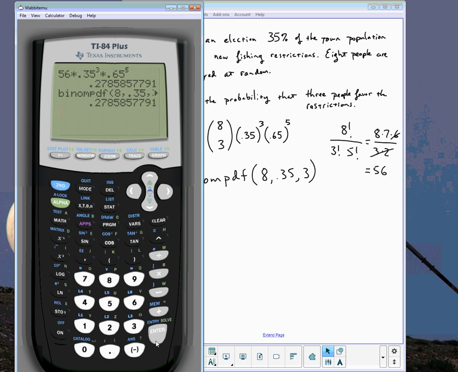We cool? So algebra versus technology. For the binomial, 3, because we were looking for 3 people. It's always the bottom number. First number is the top, last number is the bottom, with the odds in the middle.